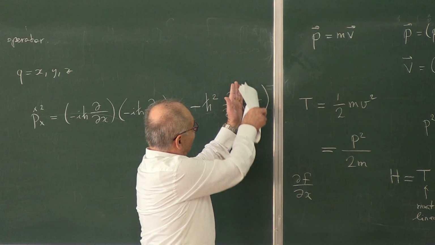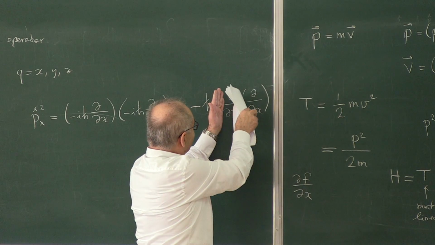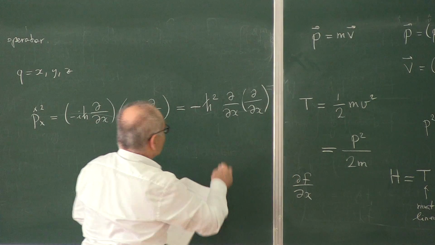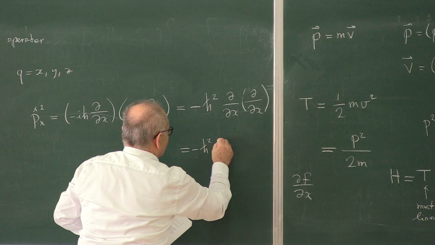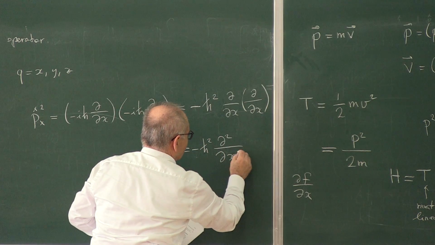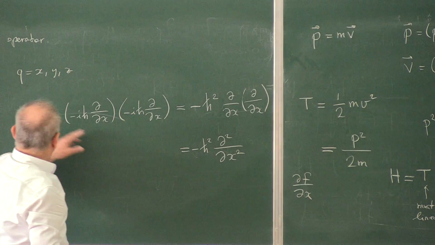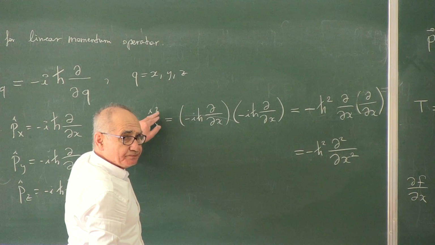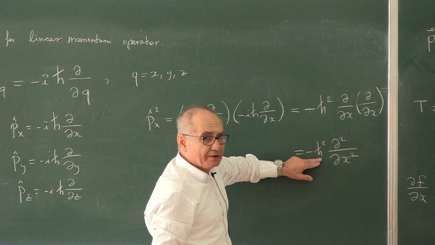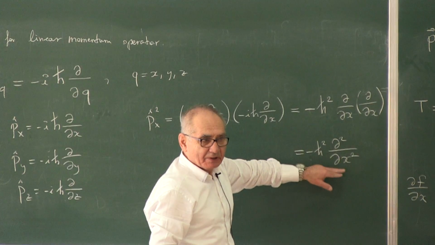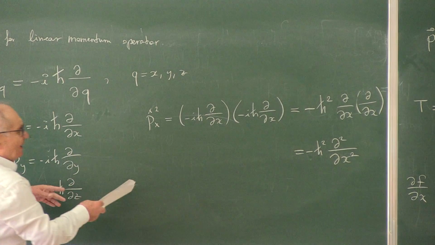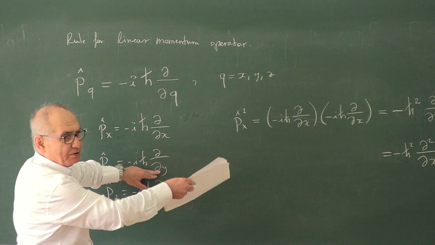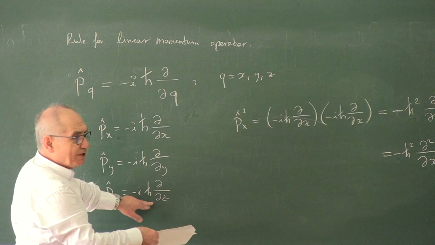After applying the first partial derivative, now you apply partial derivative to this expression, you get the second derivative. So this is the symbol for second derivative, which means the operator, which corresponds to square of px, is just minus h bar square times second derivative with respect to x. Similar expressions will be obtained for py square. The only difference is instead of x, you will have y, and for pz.